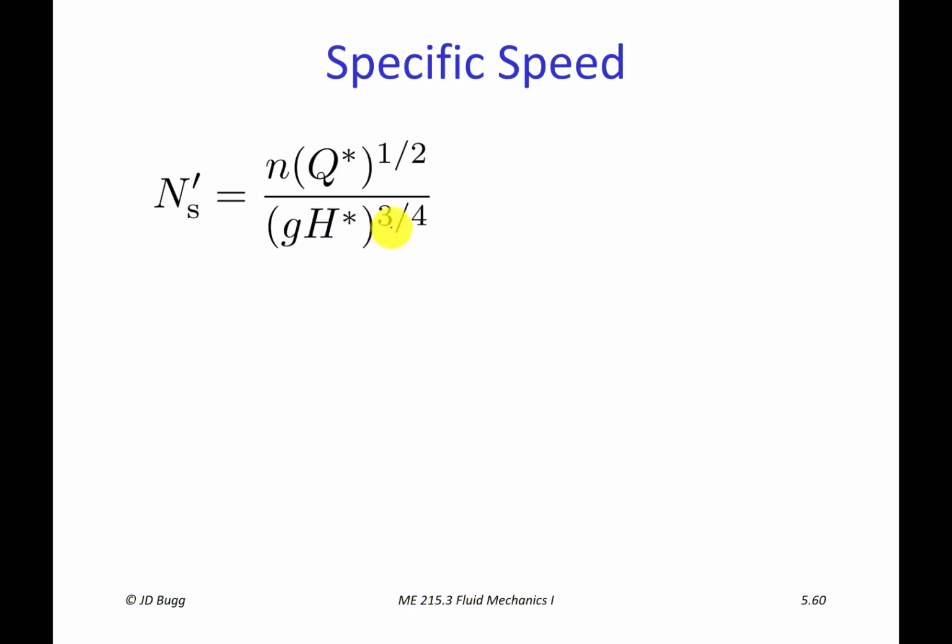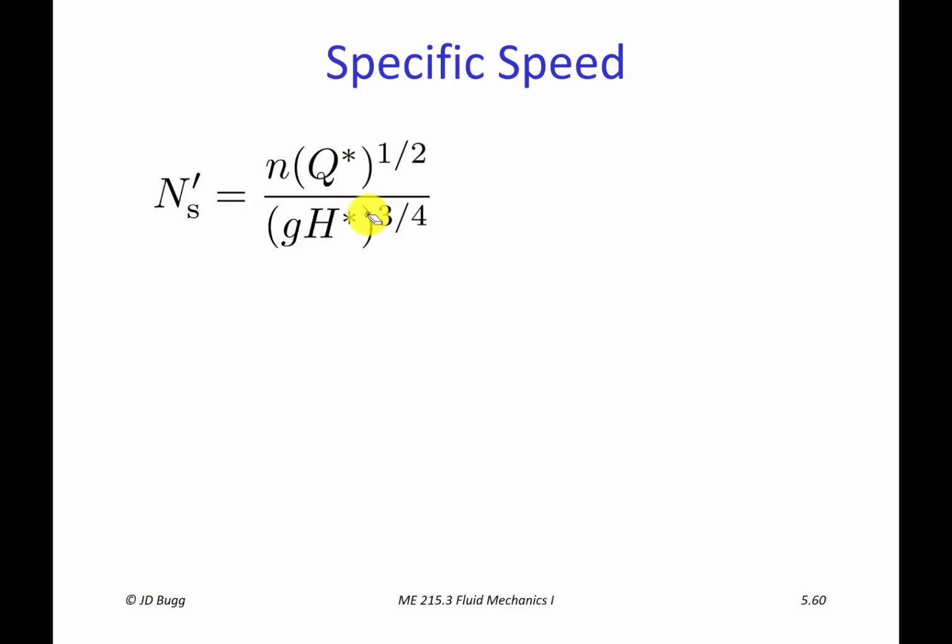This new dimensionless group is called the specific speed. That's what we've been after here. Notice that it doesn't include the diameter of the pump. It includes those three things that we said we knew going into our application: the speed it's going to run at, the flow that we need, and the head that we need. Of course g is also in there as a parameter, but that's no problem. We know what that is. So this is the specific speed that we're interested in.